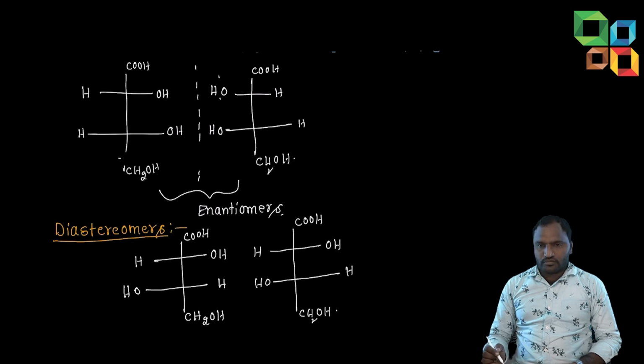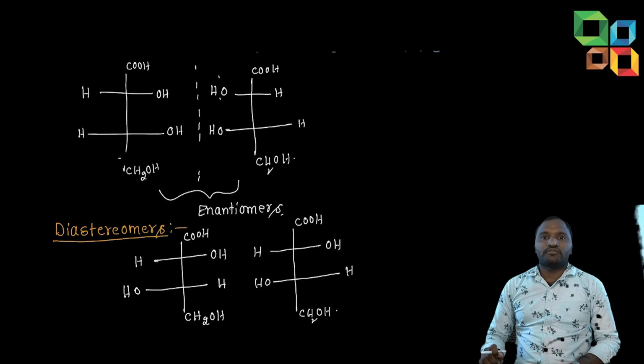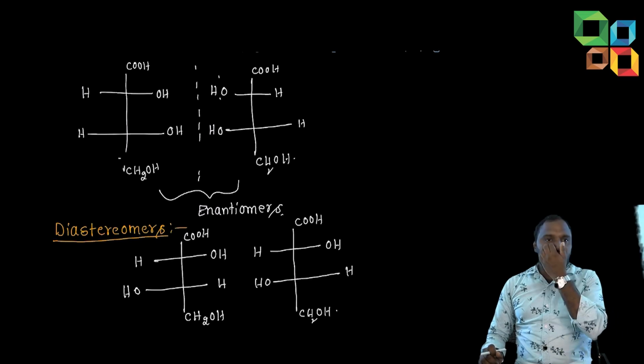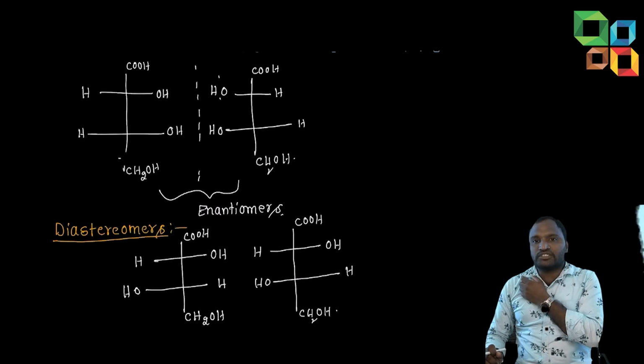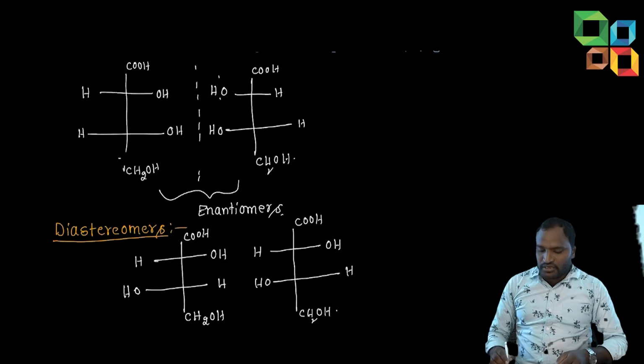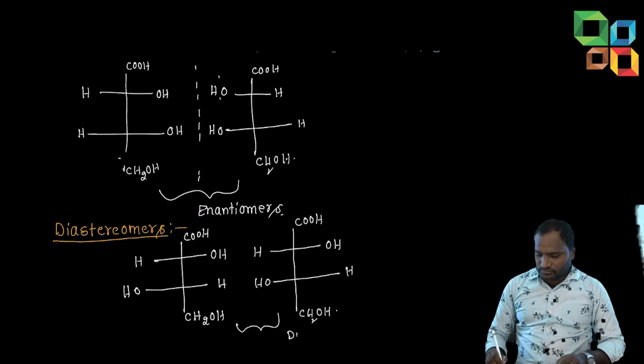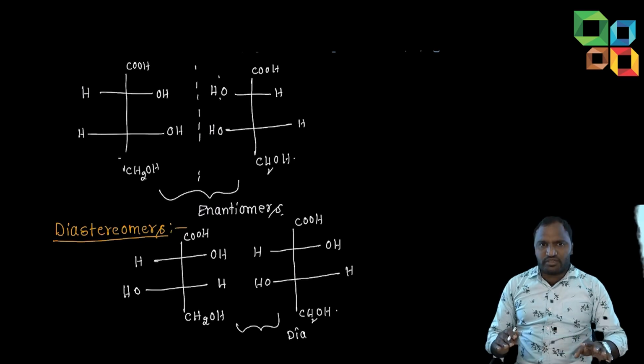No. In the beginning, at least ten members said they are not mirror images. So, if they do not form mirror images, those are called diastereomers. If they are not mirror images, no need to check superimposability and all.